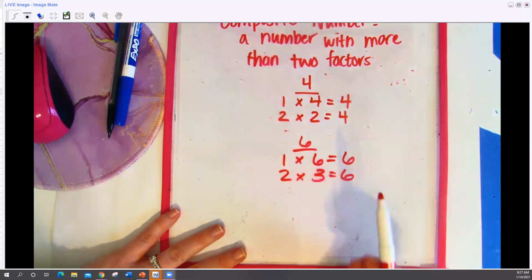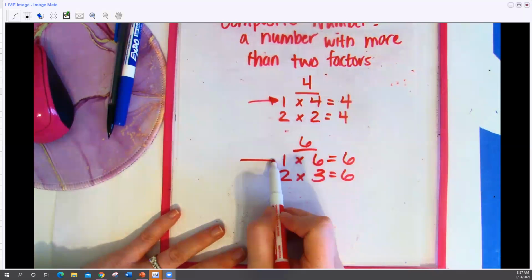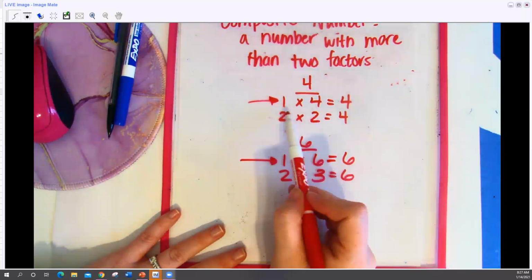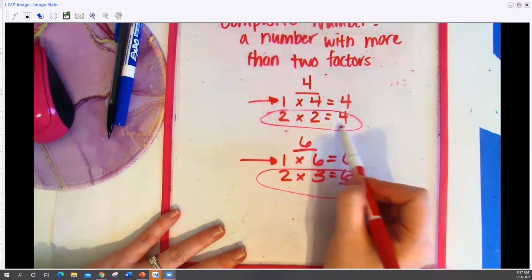So you can see they both still have 1 times themselves, but they also have another equation that equals that number.